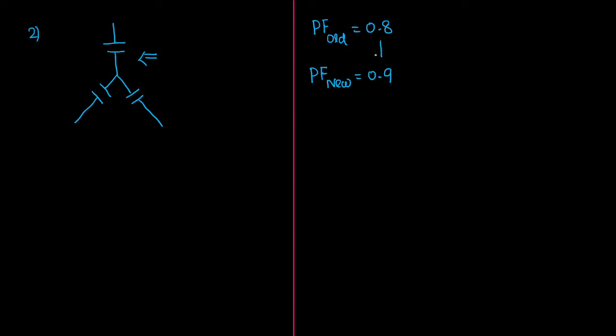So the power factor value is improved by 0.1. Yes or no? Yes, 0.1 is increased. That's why it is going from 0.8 to 0.9 now. This is the new value. Now the question is, under this situation, what will be the reactive power supplied by the source such that the power factor will be improved? What is the reactive power offered by the capacitor bank?